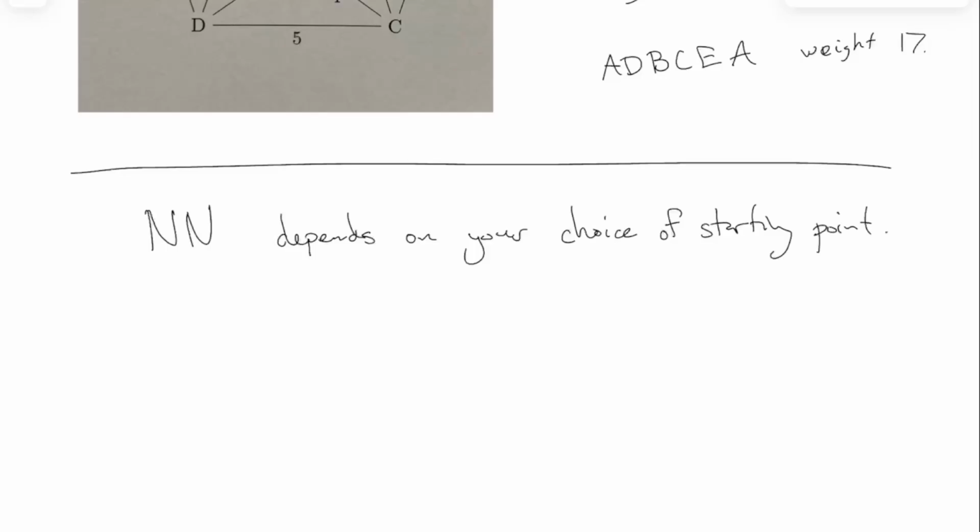This is another kind of oddity to this method. For example, here's another 4-point example. 1, 1, 2, 3, 5, 4. I think this is the same as one that we did earlier.